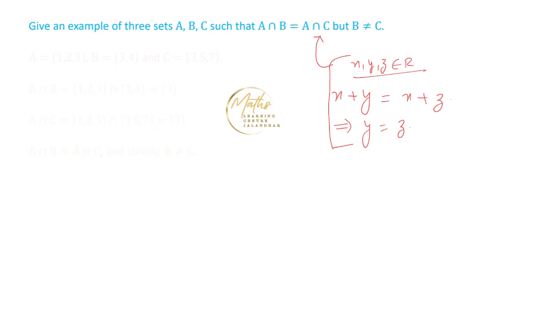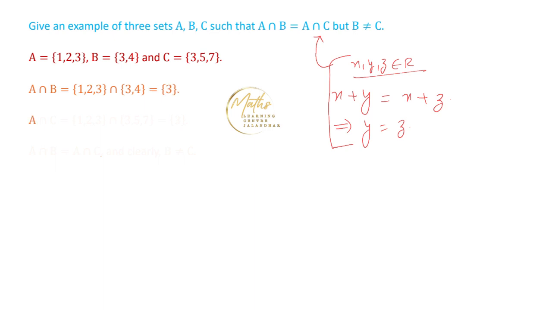Suppose the set A has the elements 1, 2, 3. Set B has the elements 3 and 4, and set C has the elements 3, 5 and 7. Now if we calculate A intersection B, the common element is 3.